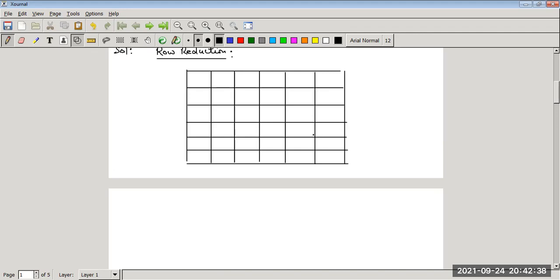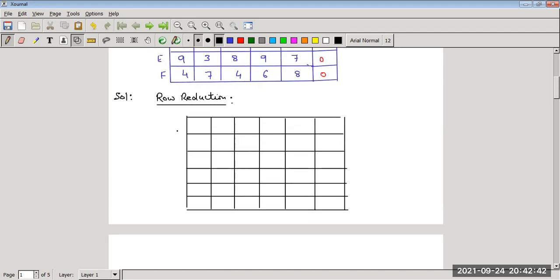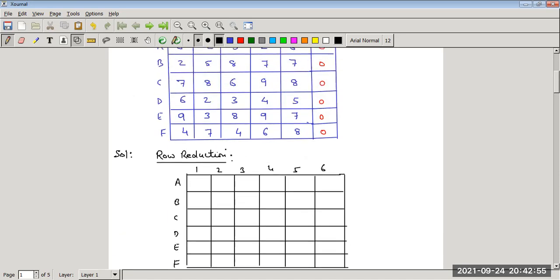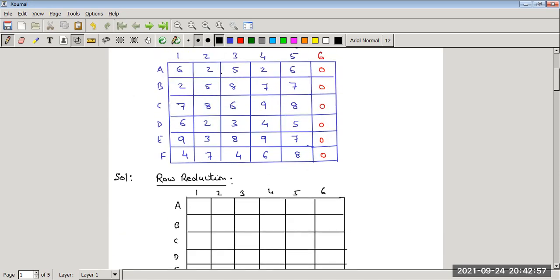So we have 6 rows and 6 columns. A, B, C, D, E, F and one, two, three, 4, 5, 6. Right? Now, in the first row, what is the minimum element? Yes, 0 is the minimum element.